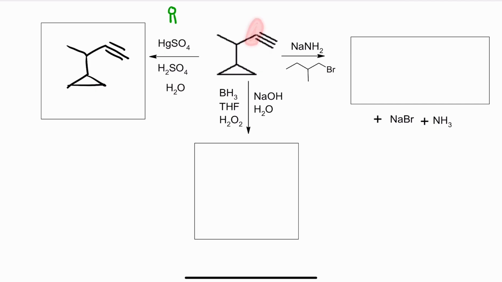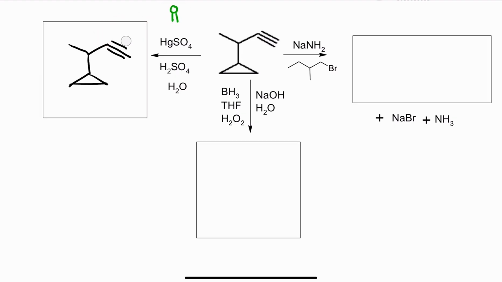Here it would be internal because it is connected to the rest of the molecule. So the HgSO4 will put that internally. So it removes the triple bond and plugs that in right there. That's what you have to remember specifically with this.